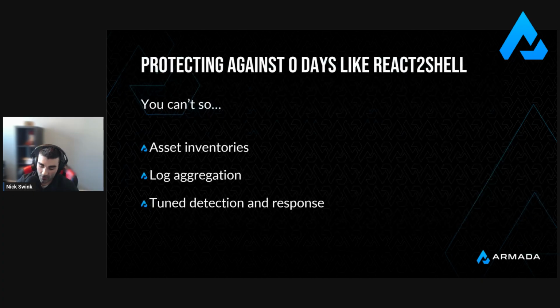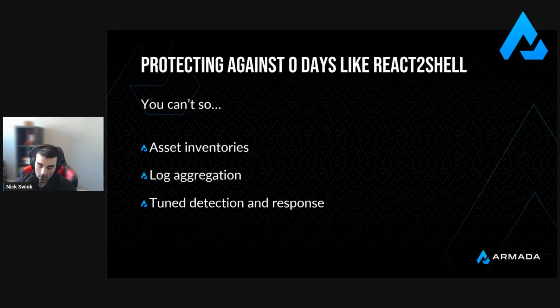Yeah, whenever something like this happens, the question is always how can you protect against zero days like React2Shell? The truest answer is you can't, because it's in an upstream library that you use, and there's no way you could protect against that specific thing. But you can defend against it.